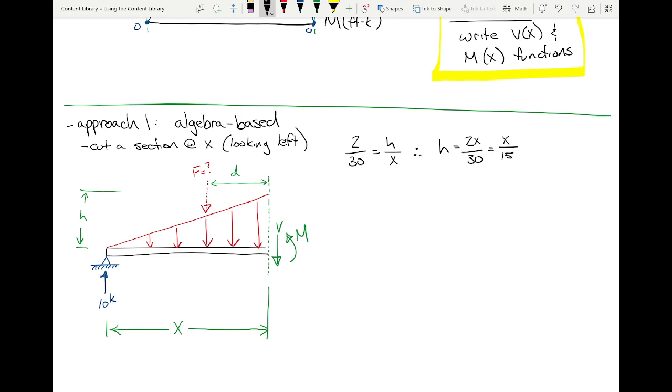Is that a fair statement? 2x over 30 or x over 15?